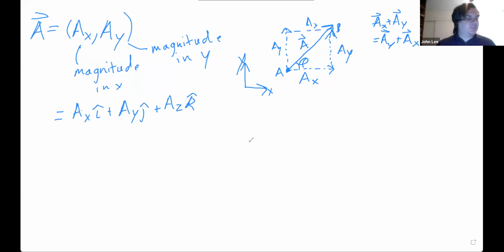And then from here, the way that you get the X, Y, and Z components, we're just not going to worry about Z components right now.